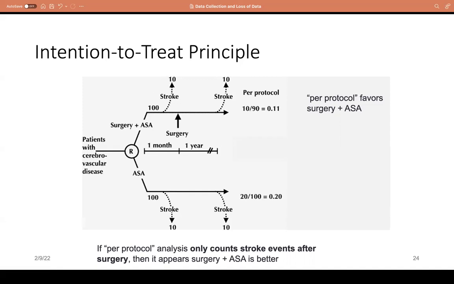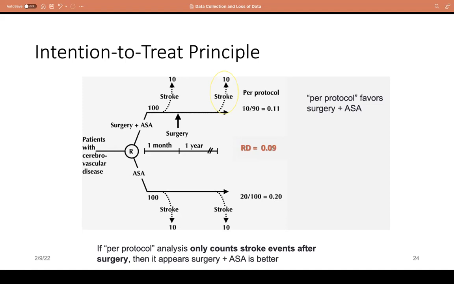And so as a result, the per protocol incidence of stroke is just 10 over 90, or 11%, and in the other group, it's 20 over 100, so 20%, yielding an absolute risk difference of 9%.